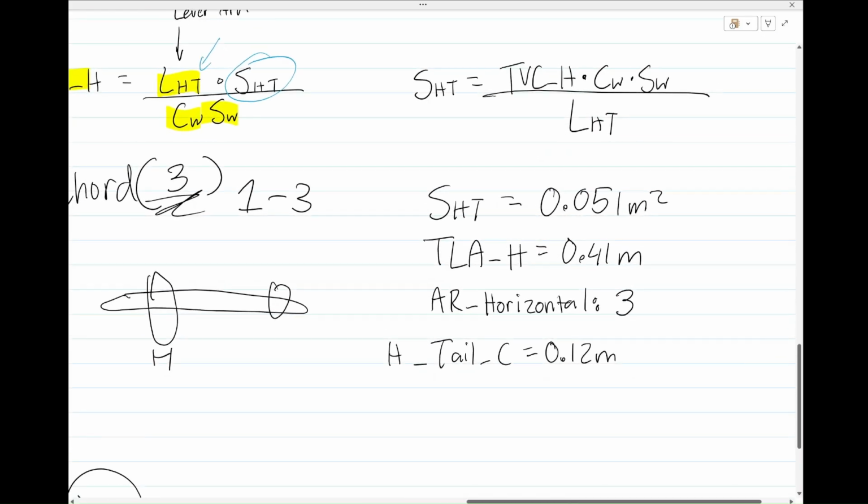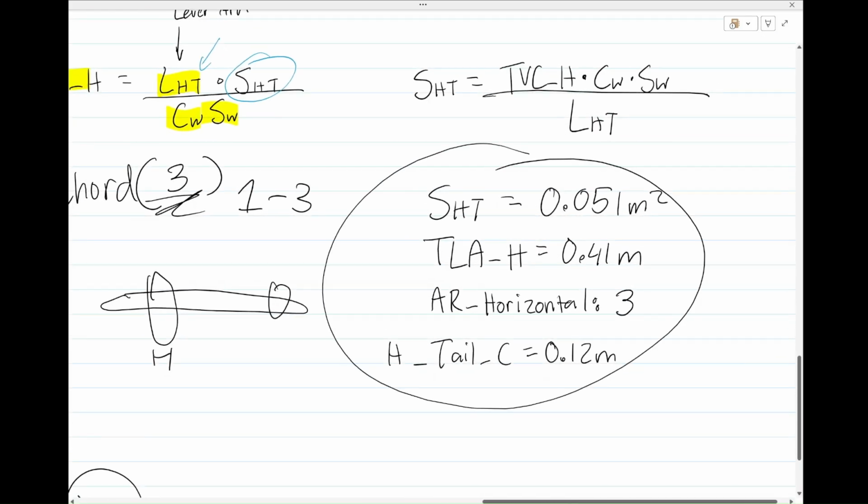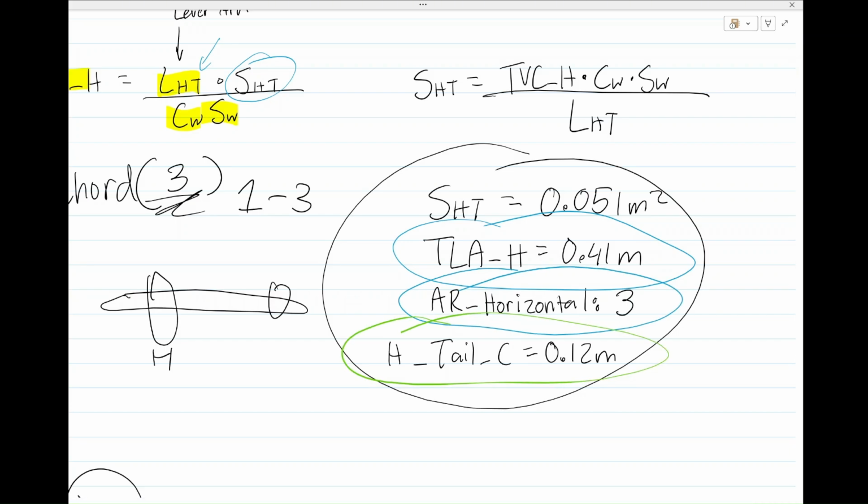So we've got all of our horizontal tail parameters settled. In terms of decision parameters, we had this one and this one. In terms of solved parameters, we had the H-tail chord and the wing area that we solved for.